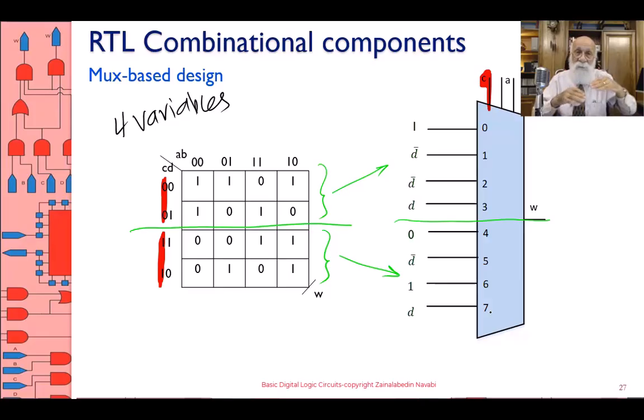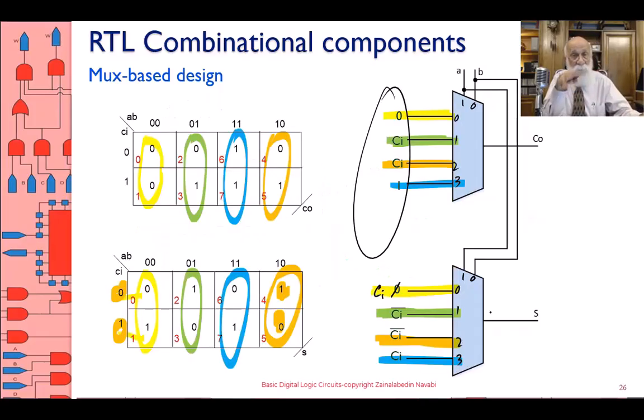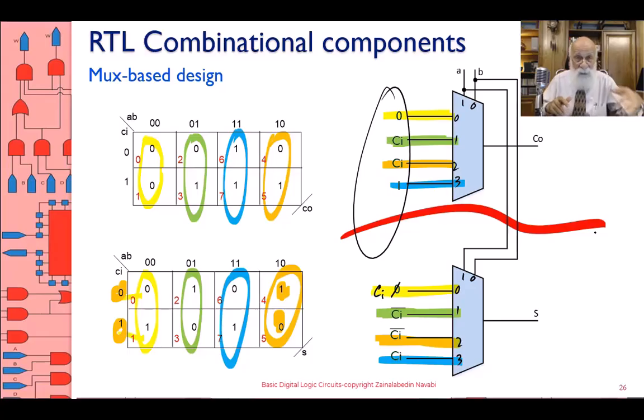Okay, so now let's look at it like the problem we had here. 2 Karnaugh maps, except that now we have these 2 Karnaugh maps kind of joined together.